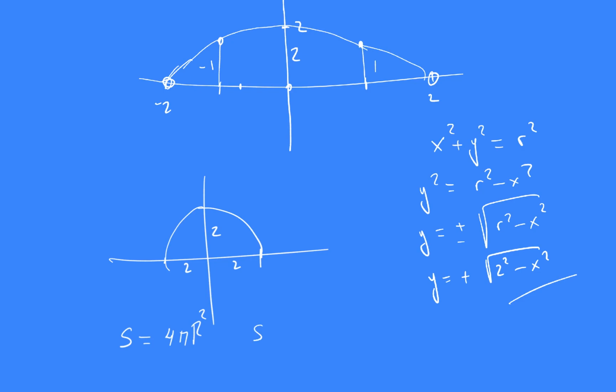So the surface for this problem should be 4 pi, because r is 2 squared. So the surface should be 16 pi.